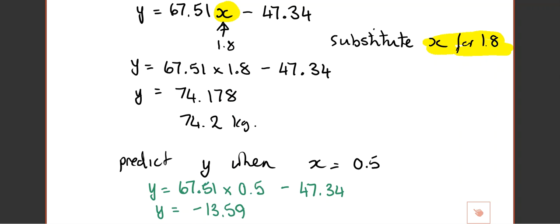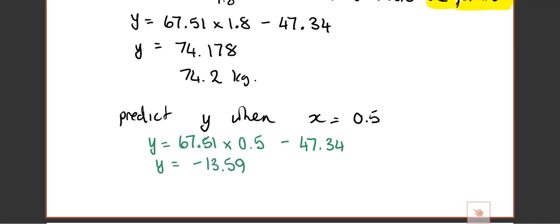Yeah, happy with that? 5.85. Okay. So assuming this is someone's height or something's height, and this is the weight. That's what we were looking at, wasn't it, in that problem?